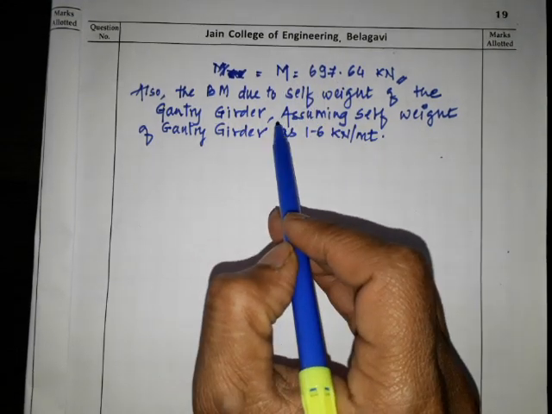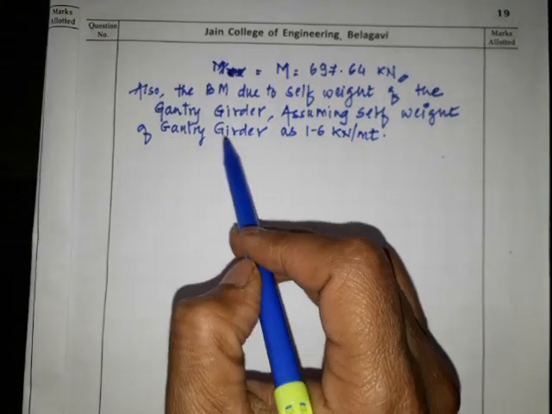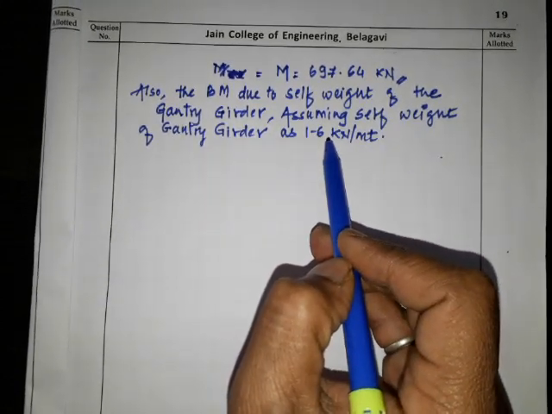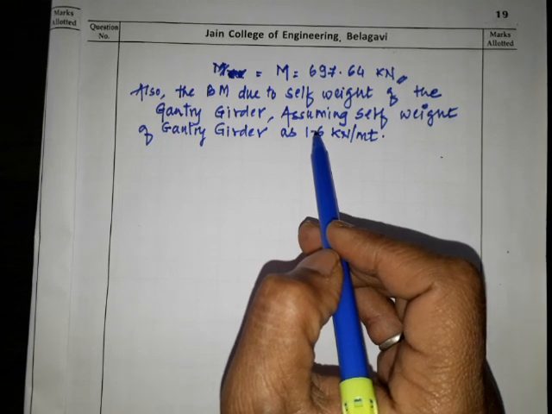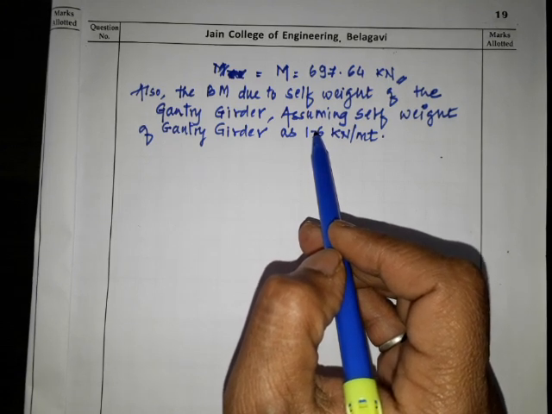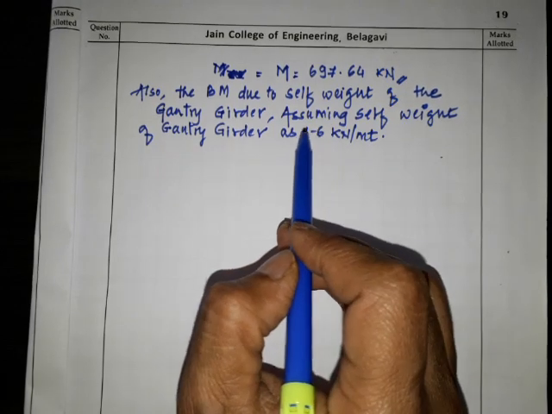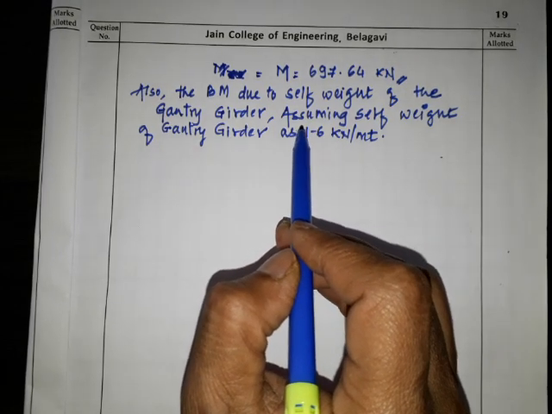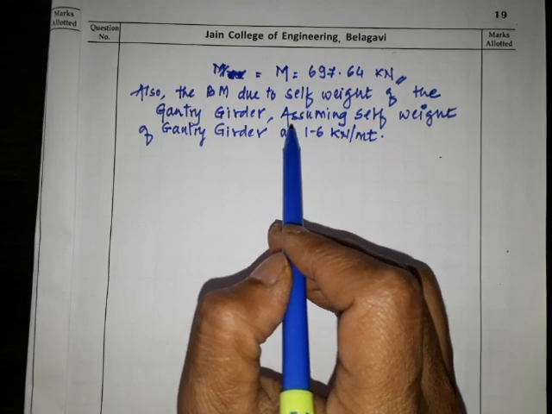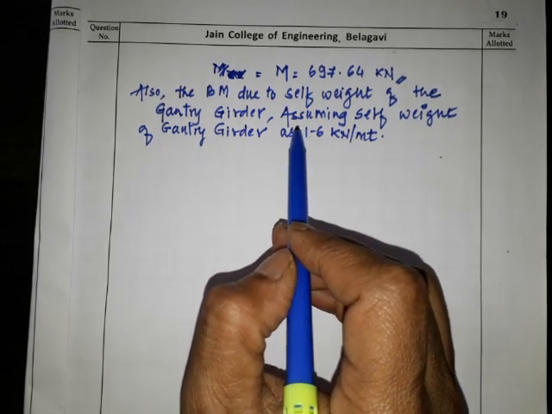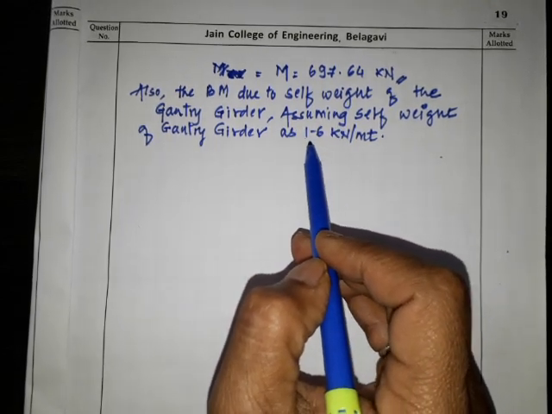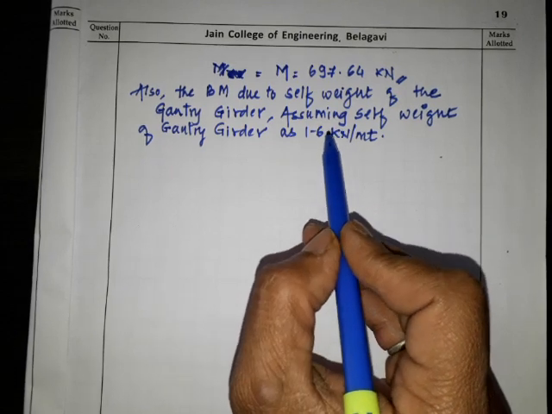Assuming self weight of the gantry girder as 1.6 kilonewton per meter, this is the standard load we have to consider. If it is given in the statement of the problem, consider that load. If it is not mentioned, you use the load as 1.6 kilonewton per meter.